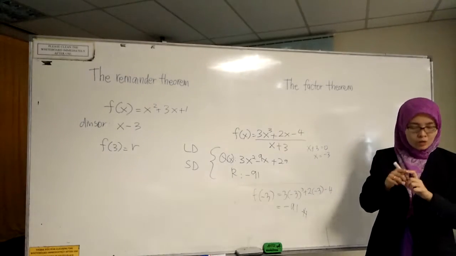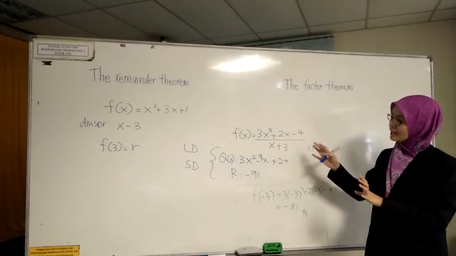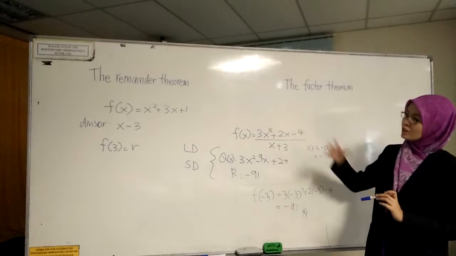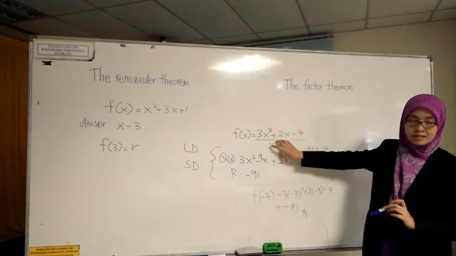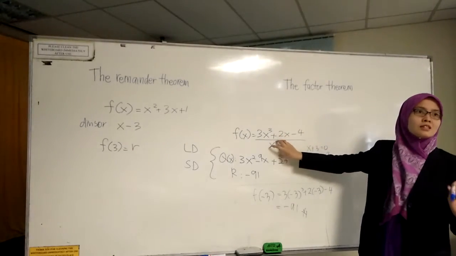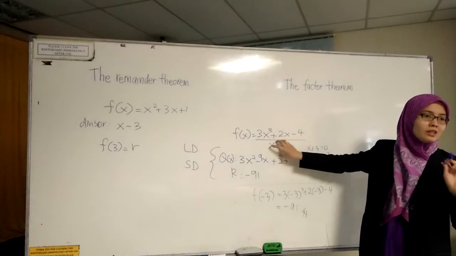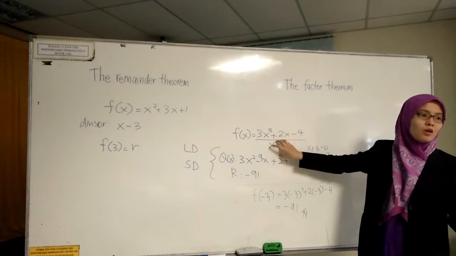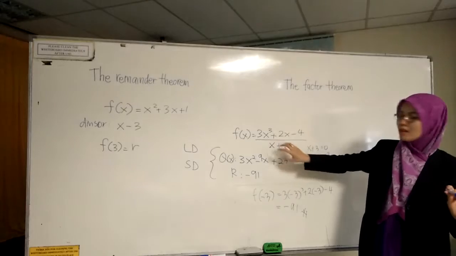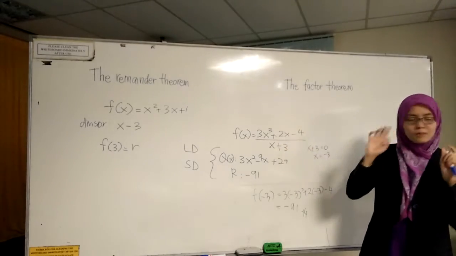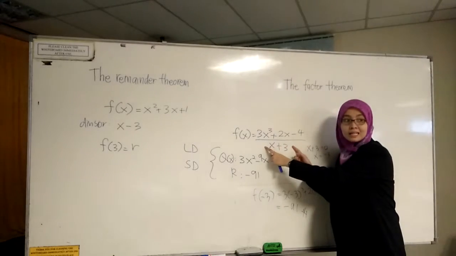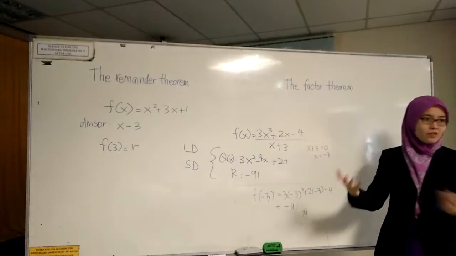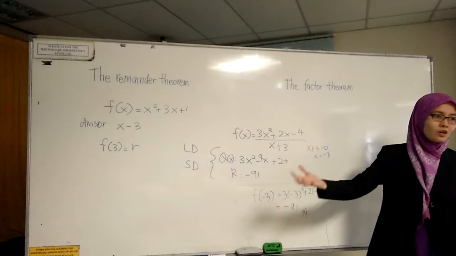Let's say the question asks you to find the remainder. They give you a polynomial and they give you a divisor. Sometimes they just ask you to find the remainder. They don't mention long division or synthetic division. And you see the pattern: this is a polynomial and this is a linear equation, not a constant, not a quadratic.